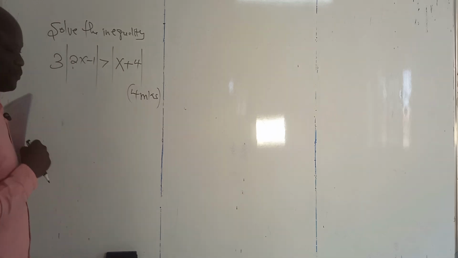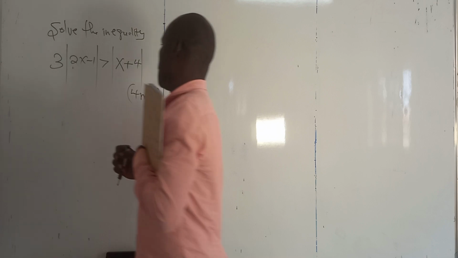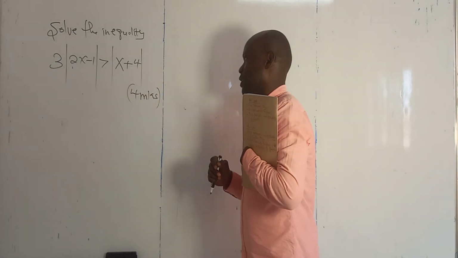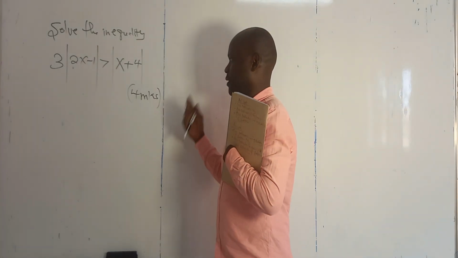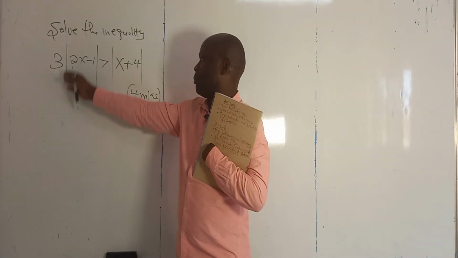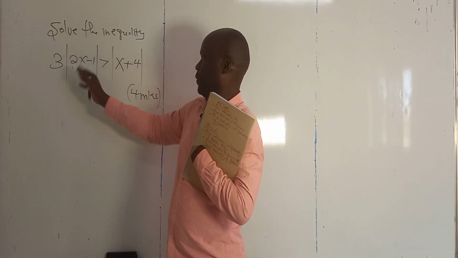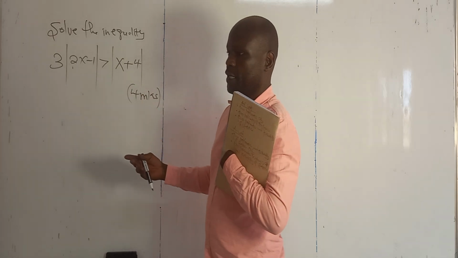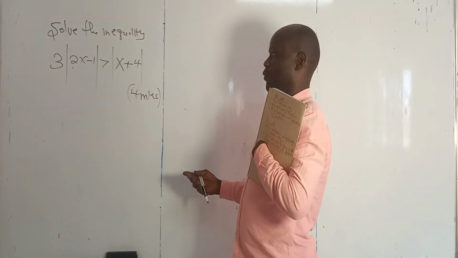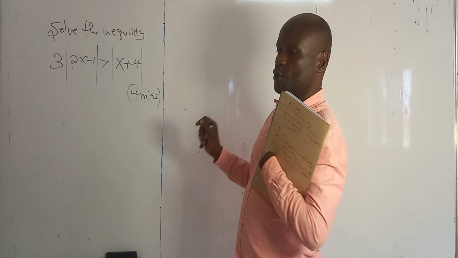First thing we need to do in order to solve that question is to square both sides, because this side here means modulus, strictly picking the positive sides. The effect of squaring will ensure that both sides are absolute or positive.